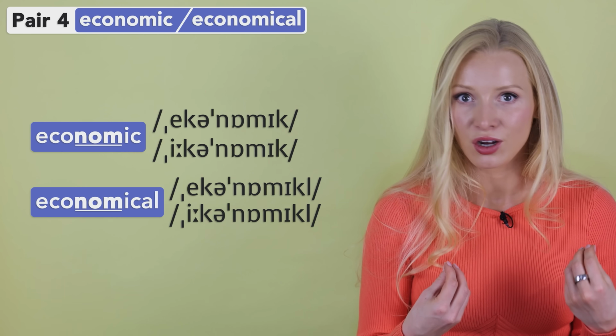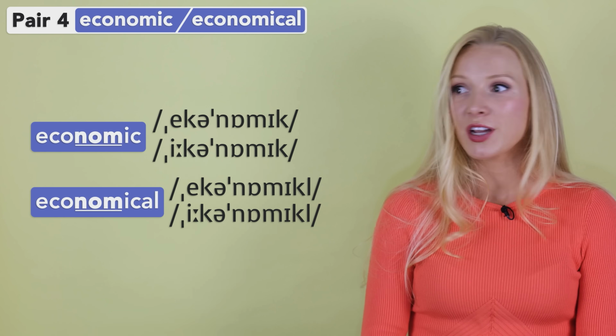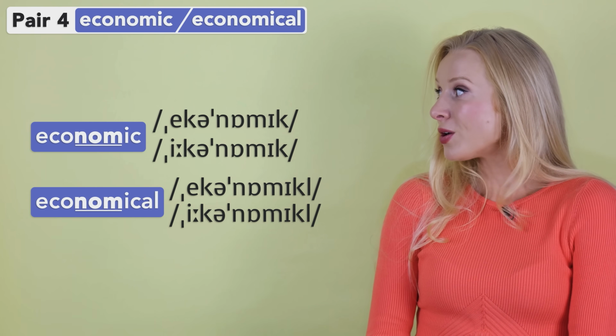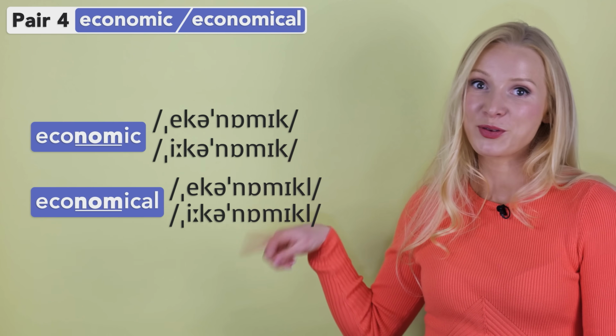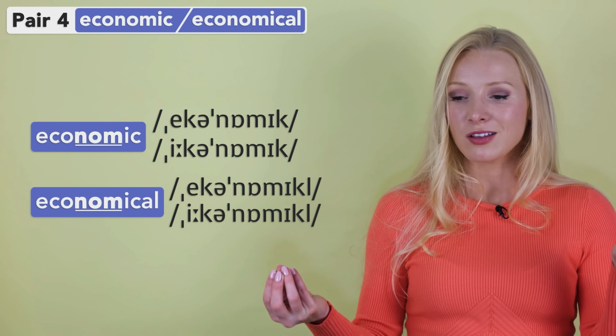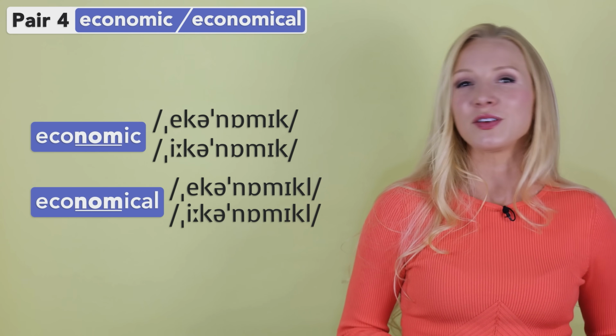Economic, economic, economical, economical. I wish I could tell you which pronunciation I use all the time, but honestly, I flip between the two. I grew up with different teachers using the different pronunciations and I just never really thought about it and used both. Try them out, see which one feels more natural to you.